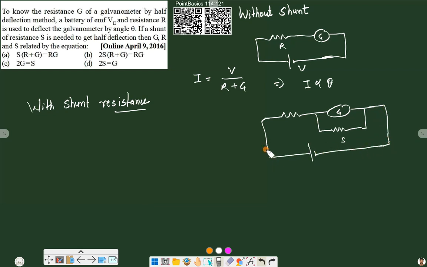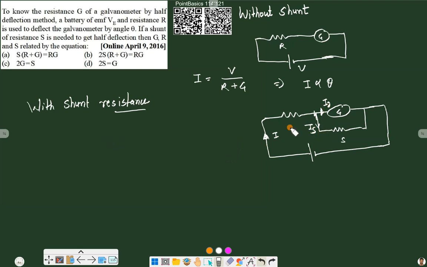So again we have to find the value of current that is flowing through the galvanometer, and for that first we will find the value of the current I that is flowing in this circuit, and then we will split that value I into Ig and Is. We need Ig here.